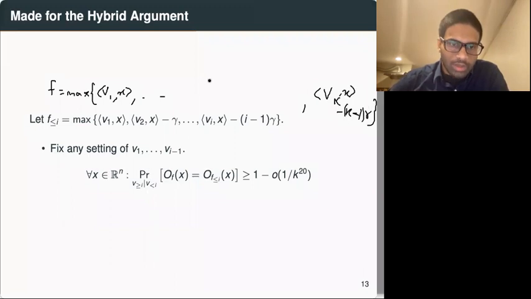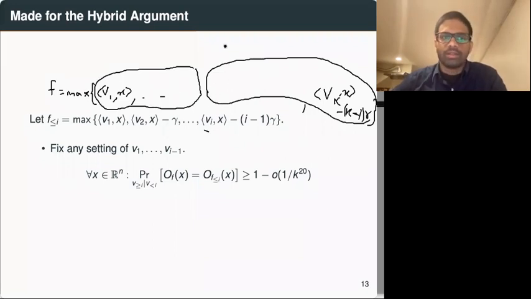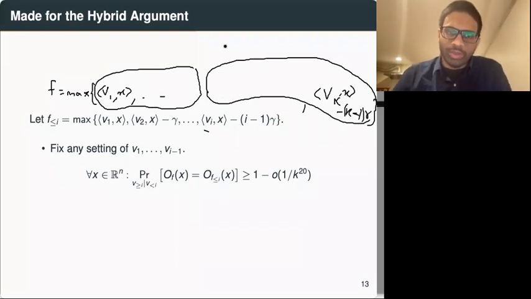And that's because even though we know the first i minus 1 terms and we can set all these terms as we want, these remaining terms are going to be in decreasing order, starting from vi to vk. So the maximum is either going to be in the first i minus 1 coordinates, or it's going to be the ith coordinate. It's definitely, with very low probability, going to be a coordinate after the ith coordinate. So with high probability, we can't really differentiate between the function f and this intermediate function.